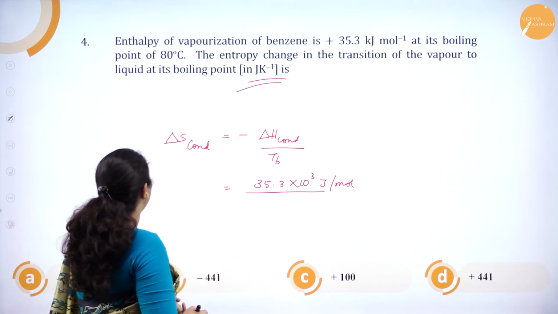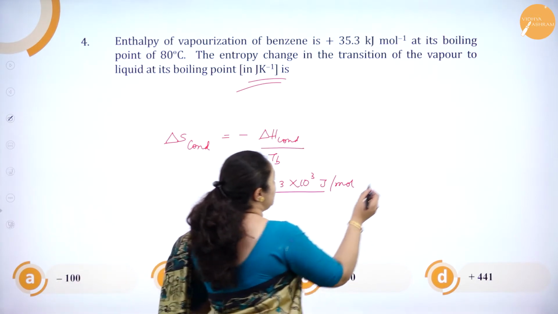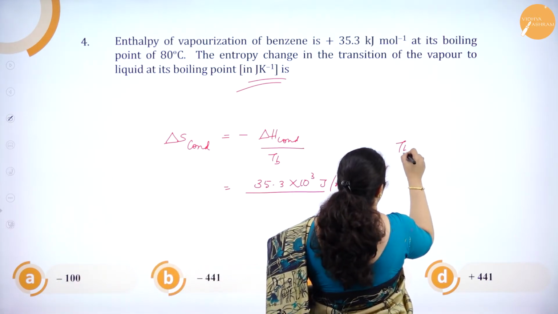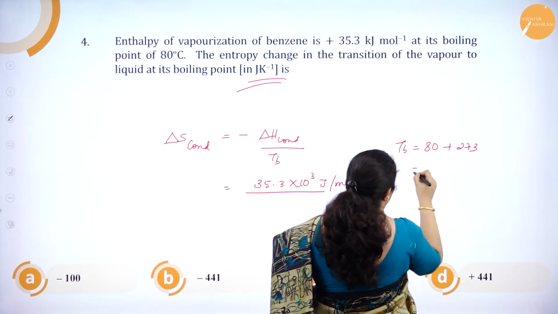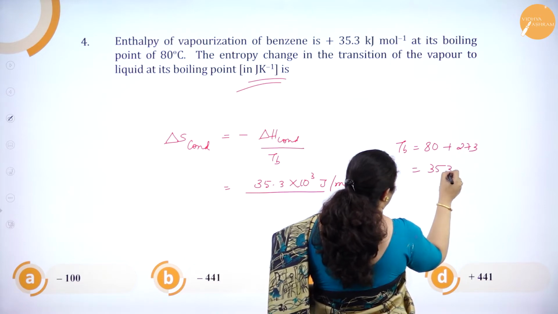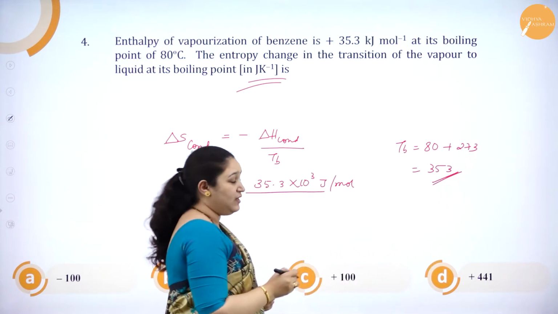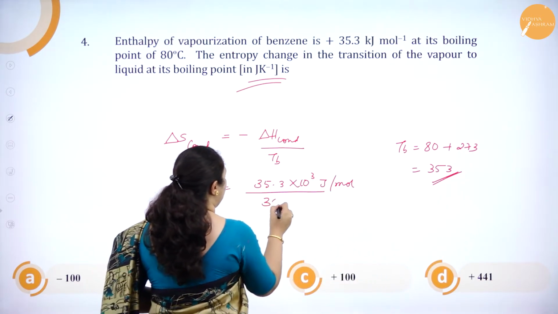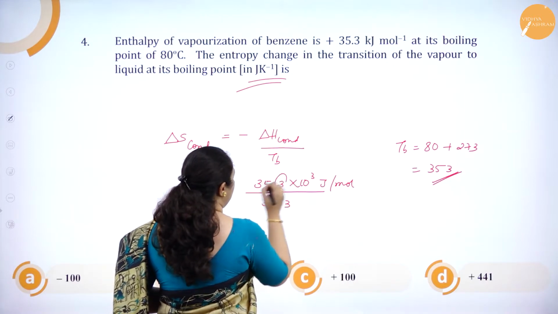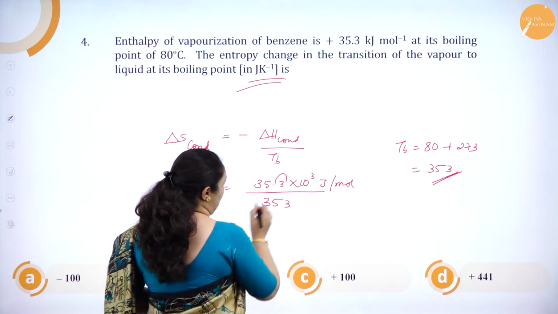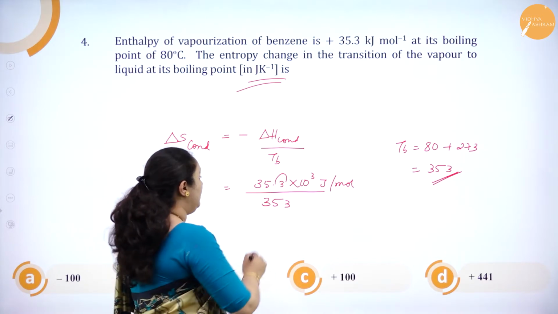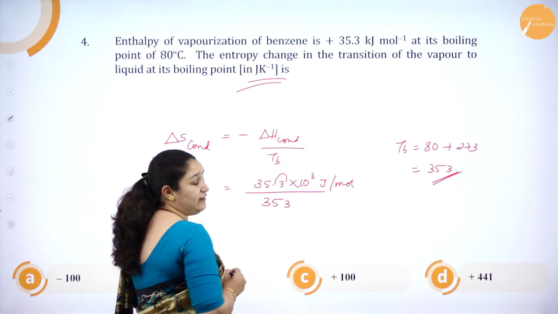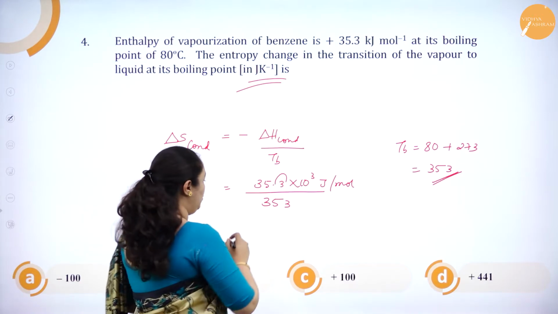So 80 degrees Celsius is how much Kelvin? TB is equal to 80 plus 273, that is 353. So divide by 353. I will move one more point. It will be 1 into 10 to the power 4. Here I'll move one more point, it will be 10 to the power 2.